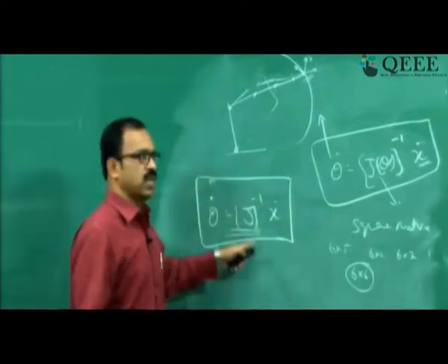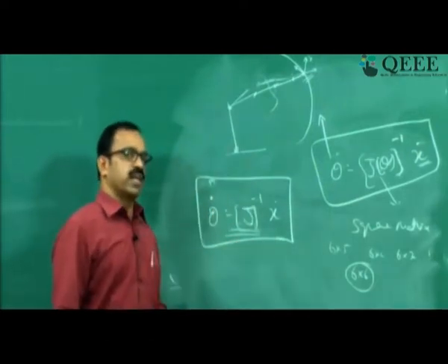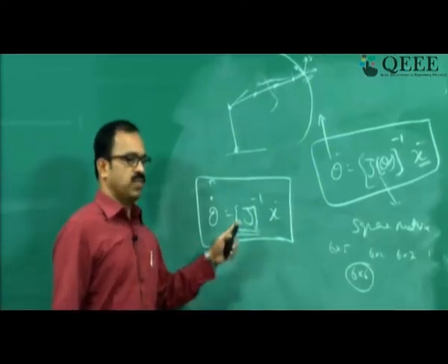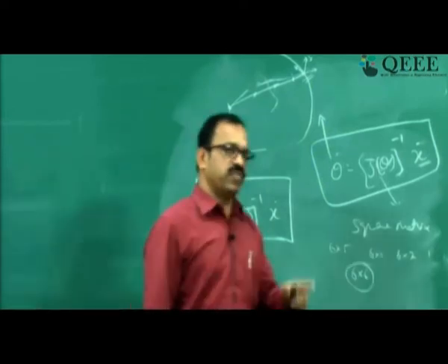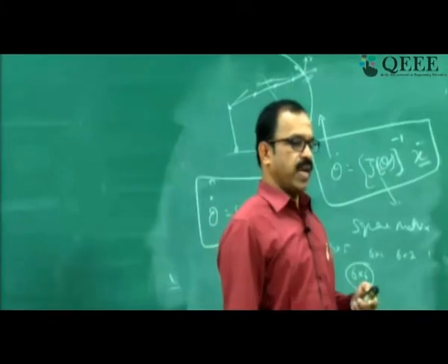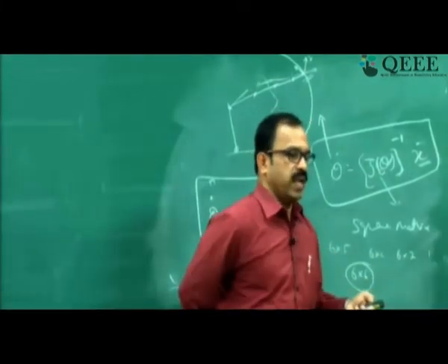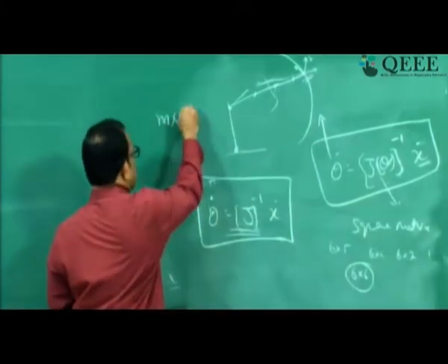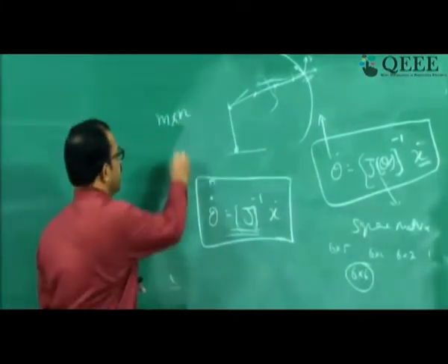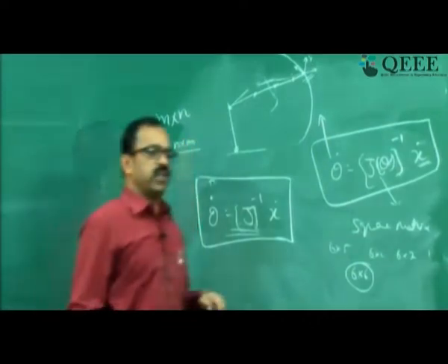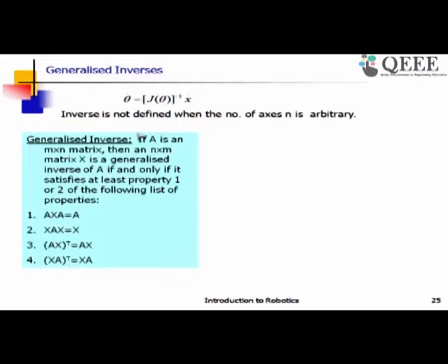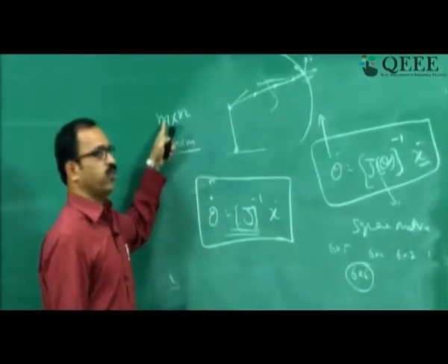Instead of the normal inverse, a generalized inverse says that for any m by n matrix A, if you can find an n by m matrix which satisfies at least property 1 or 2 of the following list of properties, it will be considered a generalized inverse of A.